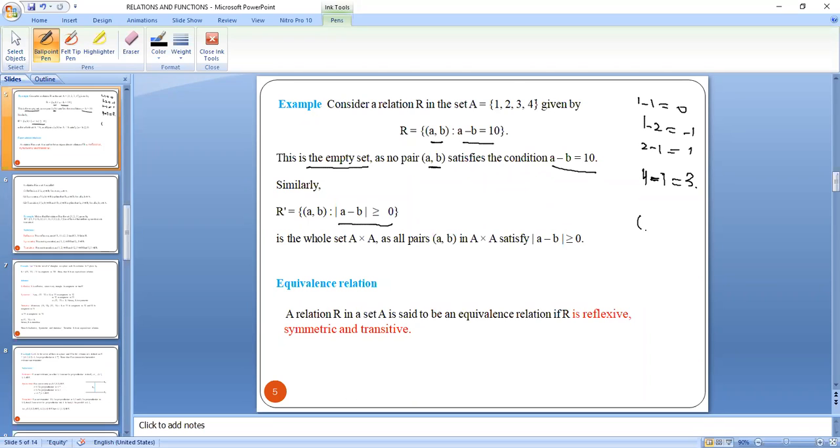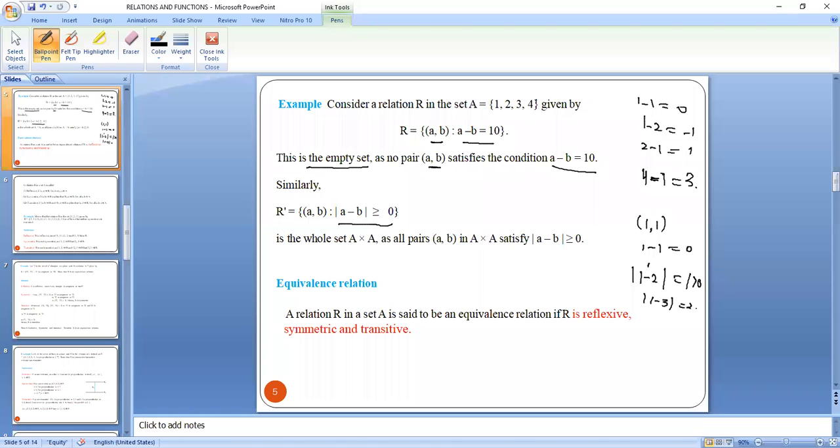You take the ordered pair 1 comma 1. 1 minus 1 is equal to 0. So mod of 1 minus 1 is equal to 0, true, because we have both signs, greater than and equal to. You take 1 minus 2. Mod of 1 minus 2 is equal to 1, which is greater than 0. You take 1 minus 3.